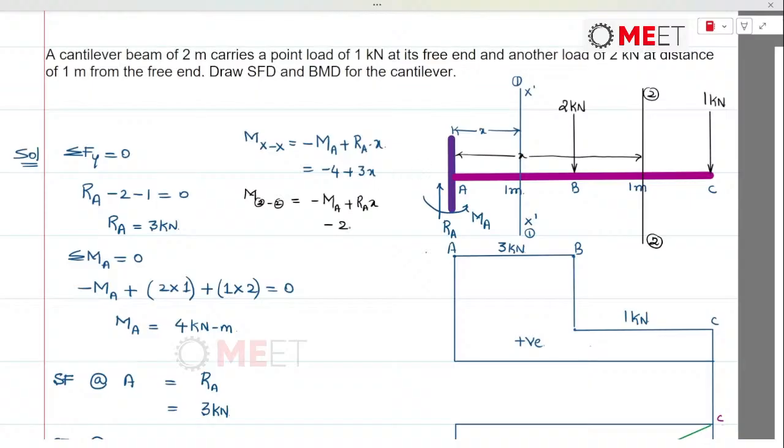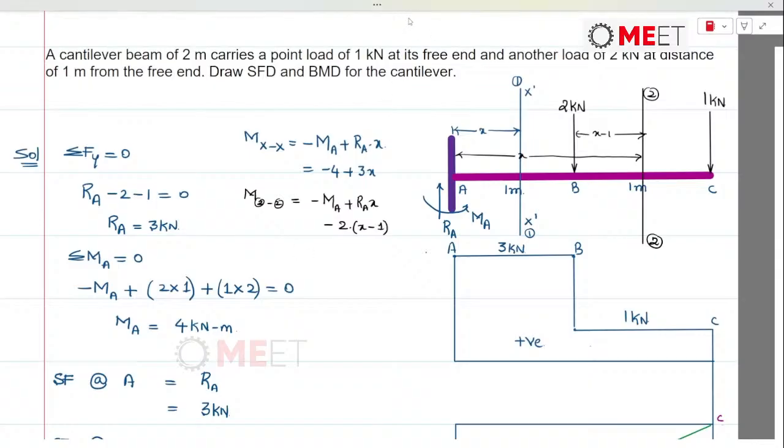So that's 2 into the perpendicular distance between the 2 kilonewton and the section, X minus 1. Up till the section, the distance is X, and the 2 kilonewton is at a distance of 1 meter from point A. So the distance would be X minus 1.